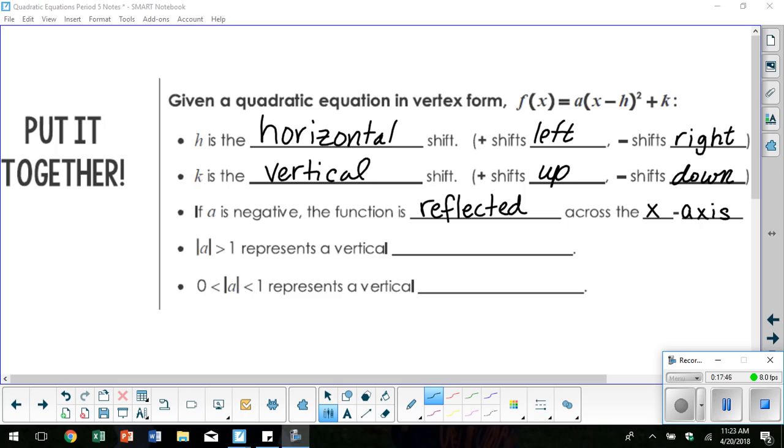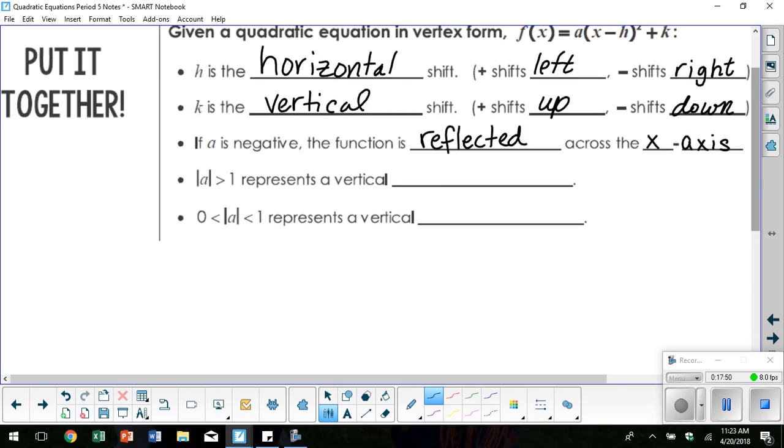I think I can get you guys to respond better on this one. If 0 is here and 1 is here, what are these numbers in between 0 and 1? What type of numbers?